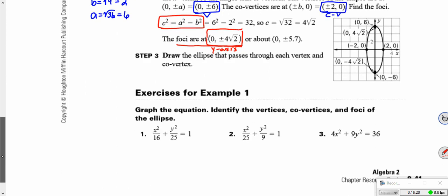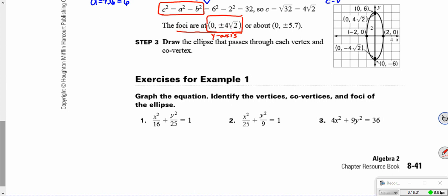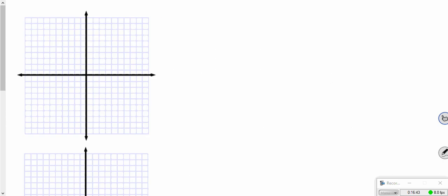Okay, let's do some of these ourselves. I added another page so that we could have nice, neat graphs to graph these on, so they weren't squished together. I'm going to write these 3 problems on the next page. First problem: x squared over 16 plus y squared over 25 equals 1.